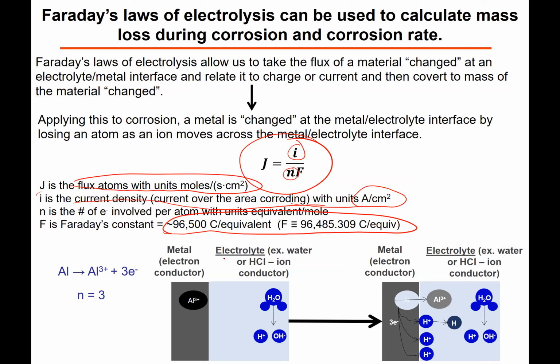So that allows us to quantify the flux of the material that's moving, and also the number of electrons that are being passed. And so here's the example of aluminum going to aluminum 3 plus, moving 3 electrons. So here N would be 3. In the example of iron 2 plus, N would be 2, right? So we would see the flux be dependent on the current density and also the number of electrons.